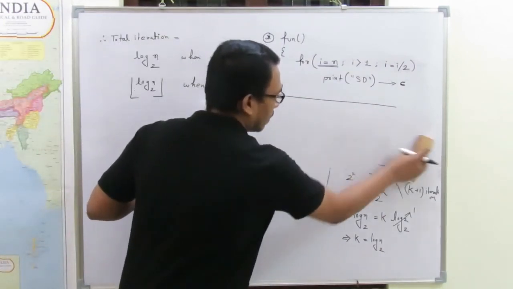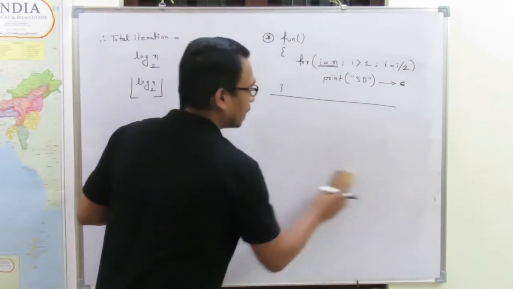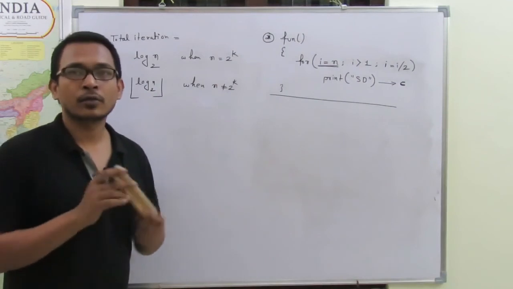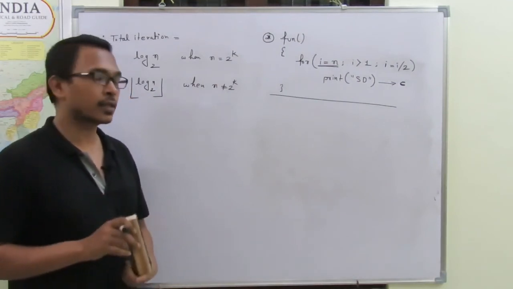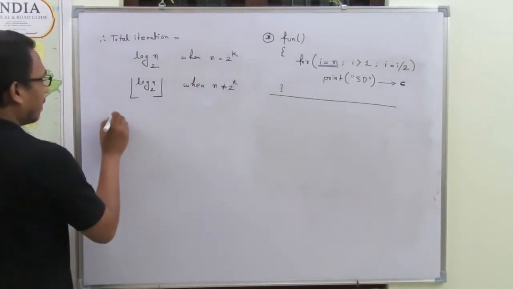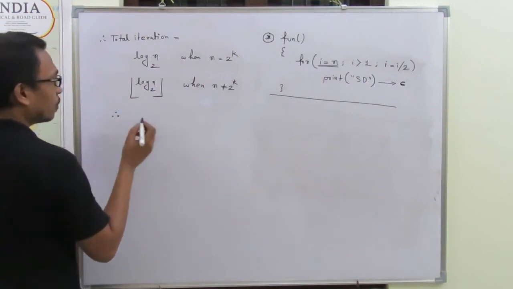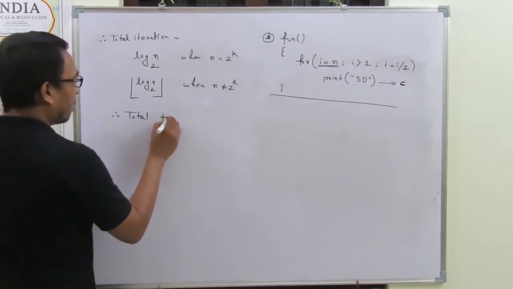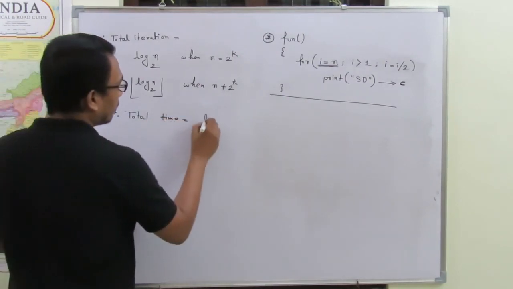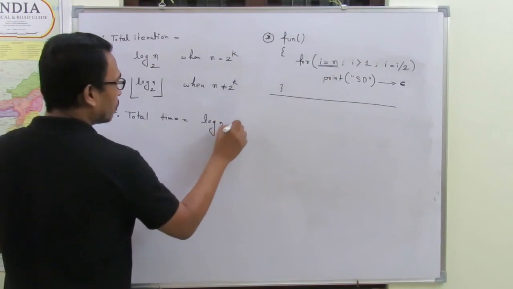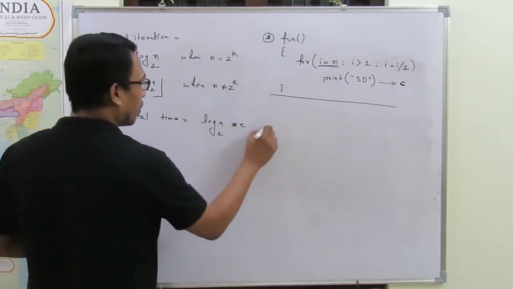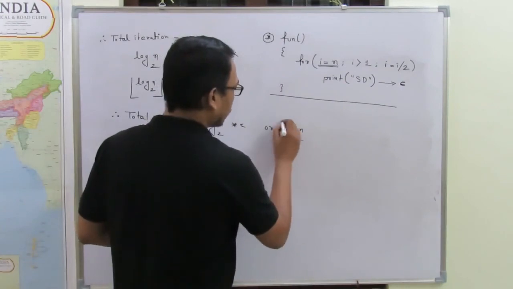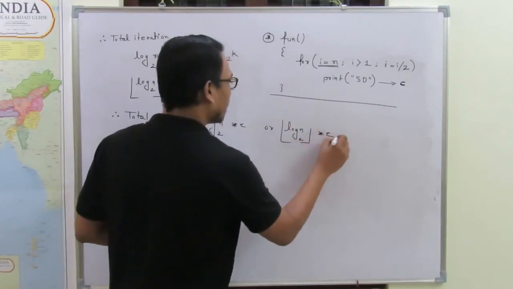So we know the number of iterations. Whenever we know the number of iterations, we are almost done with our task. In the next step we need to find the total time only, and total time will be log n base 2 into c, or log n base 2 floor into c.